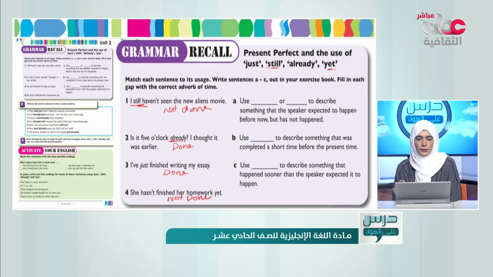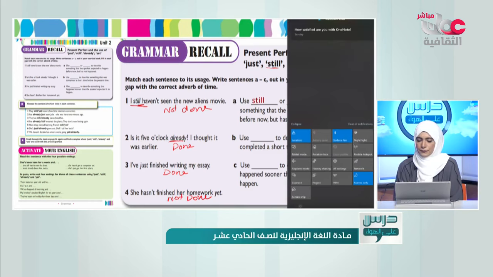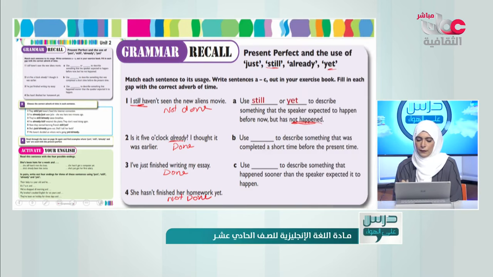Okay, now we will try to form the rule together. We use this to describe something that the speaker expected to happen before now, but has not happened, not done. Which of the words? Look at 1, which is still, and 4, which is yet. Okay, used to describe something that was completed. So we finish this and we finish this.